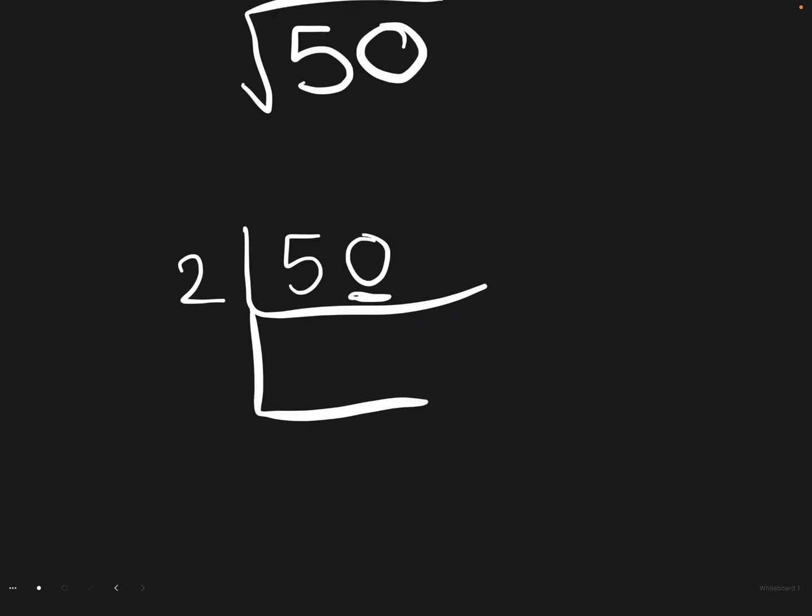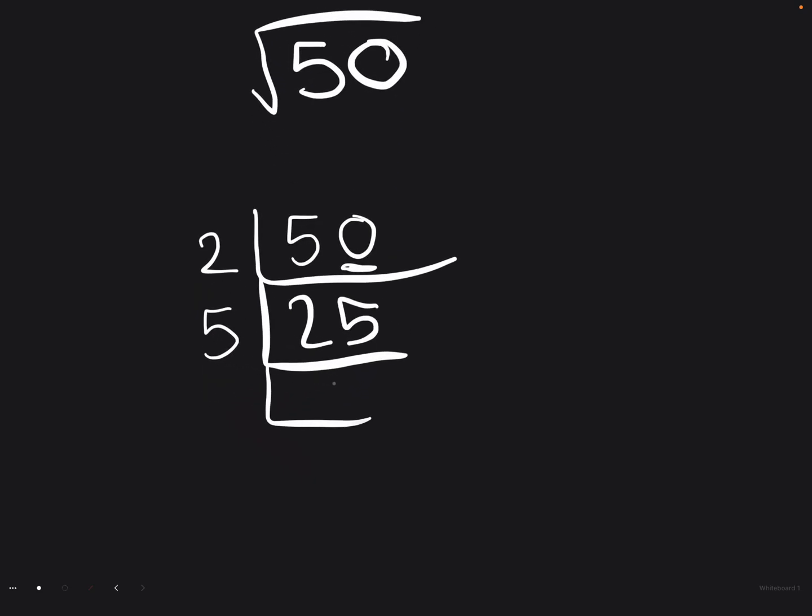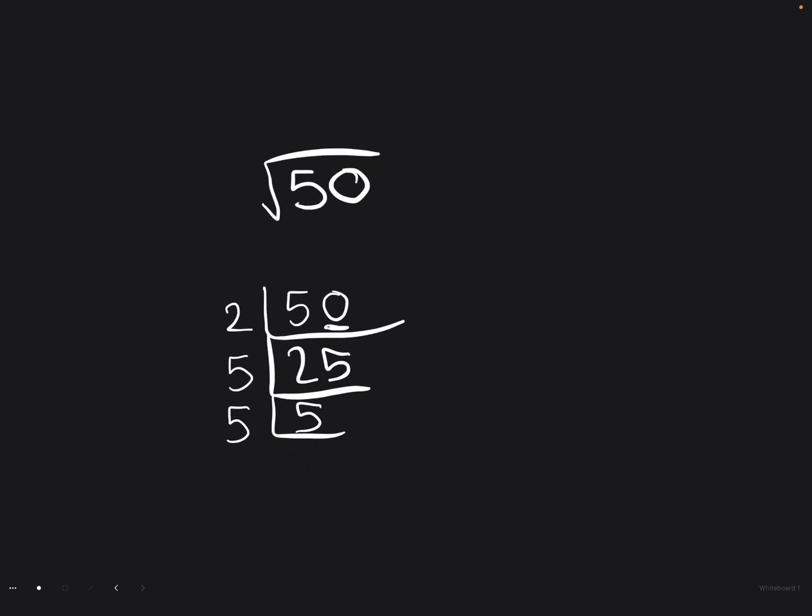That gives me 25. Now, I will go with a 5 here, which gives me another 5. Now, I have two 5s here, and just one 2, which is left outside.